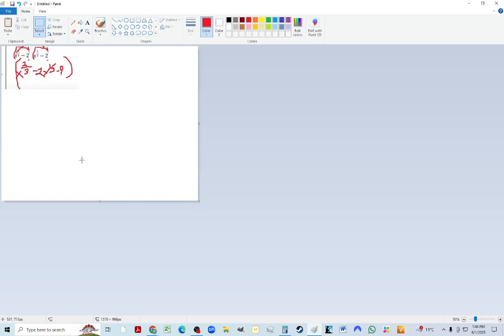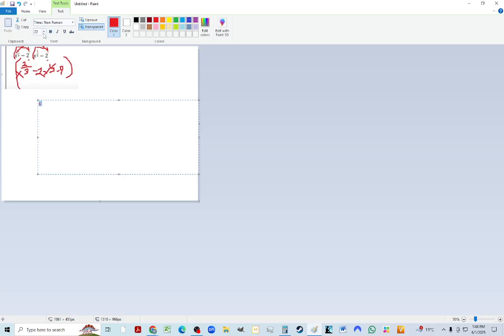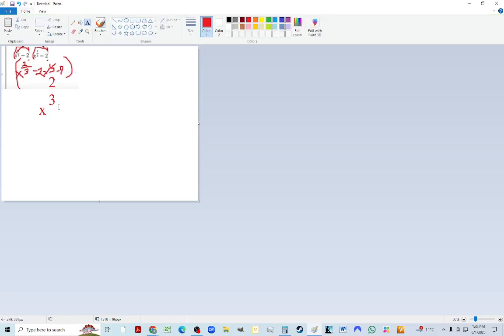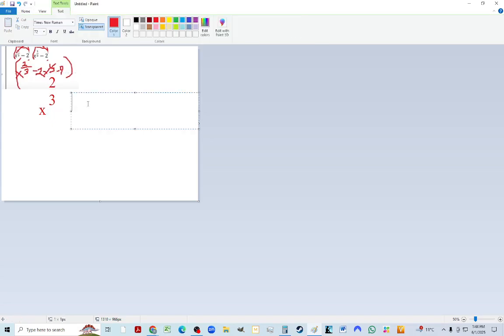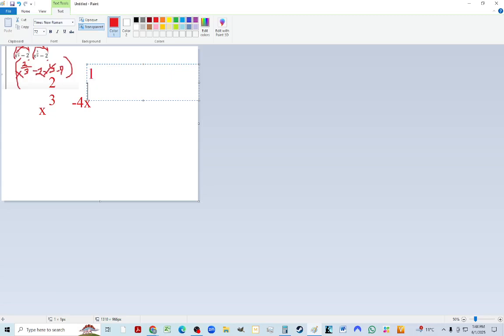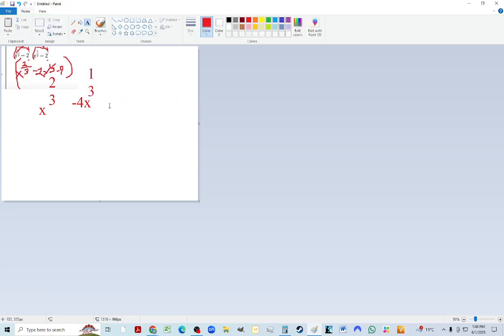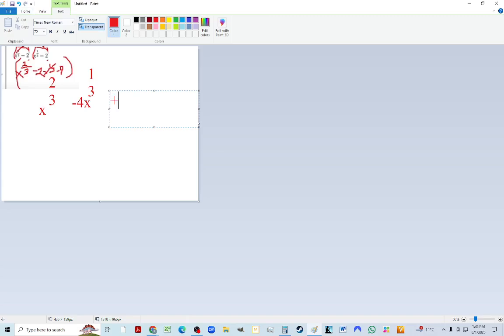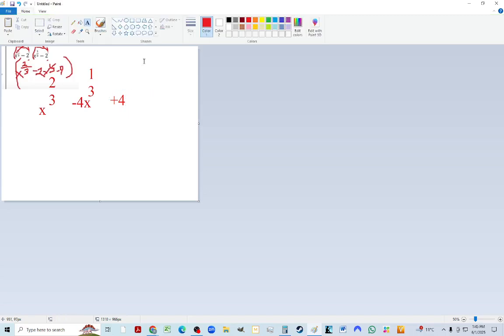It's x to the power of 2 over 3. And then that should have been minus 4x to the 1/3. And that should have been plus 4, not x, just plus 4.